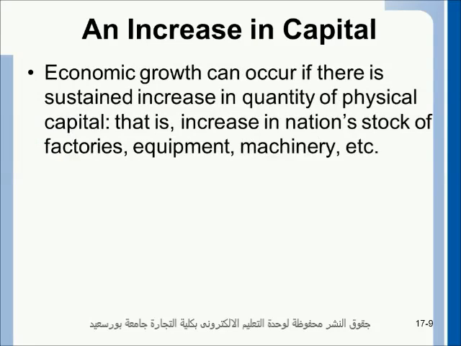The first factor: economic growth can happen if there is sustained, meaning continuous, increase in quantity of physical capital, that is, increase in the nation's stock of factories, equipment, machinery, and so on.